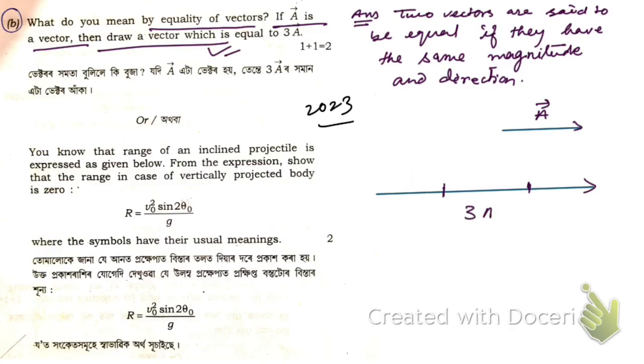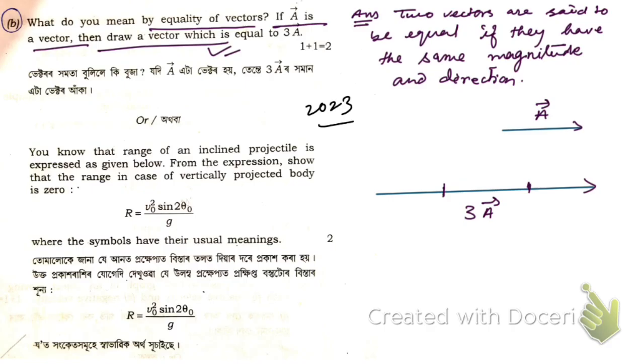This is 3a, so its length is 3 times vector a. This part is a, this part is a, this part is a, so the total length must be 3a, right? Hope you have understood this. So that's how we need to draw.